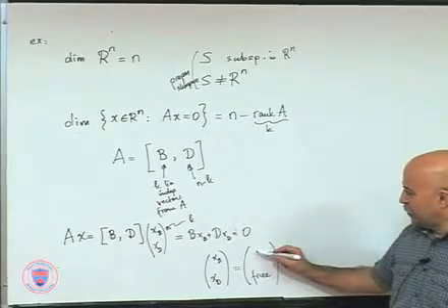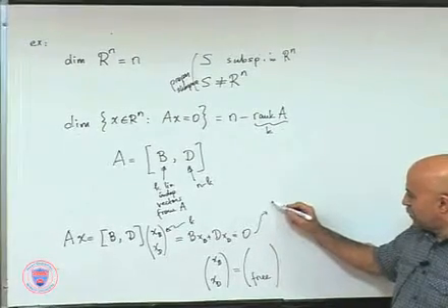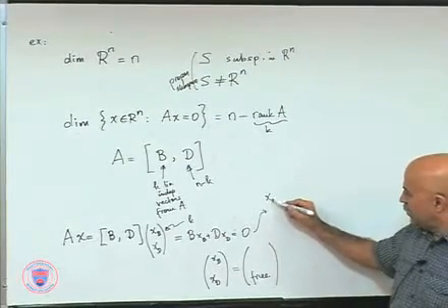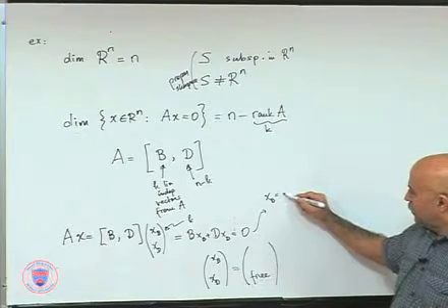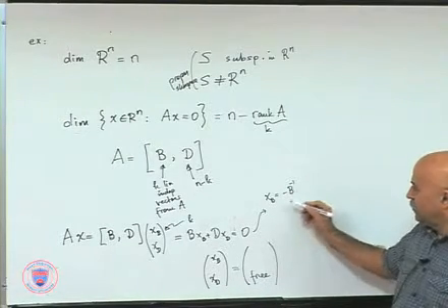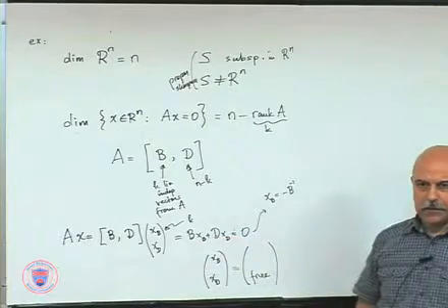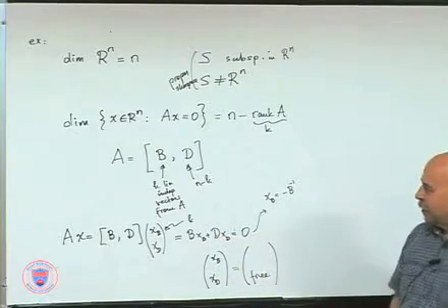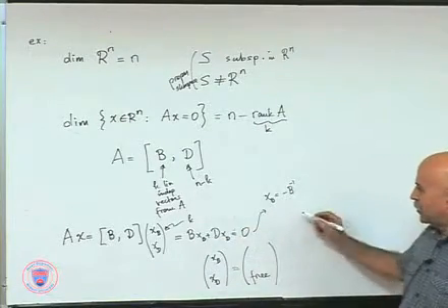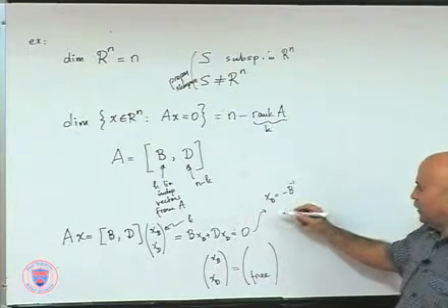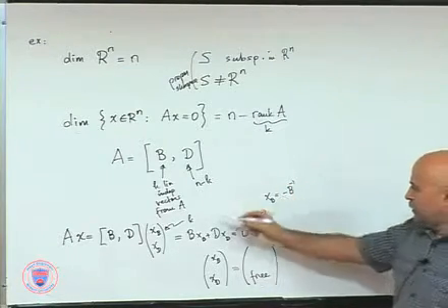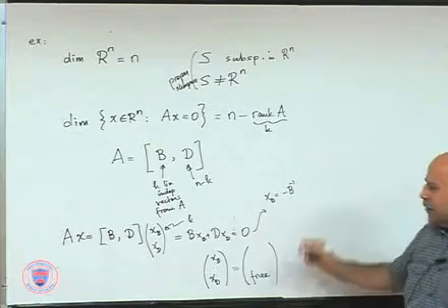Well, if you just solve this, what do you get? You get XB equals minus B inverse D XD. B is certainly invertible because it's got K linearly independent vectors. I'm assuming the row rank is also K here, okay?